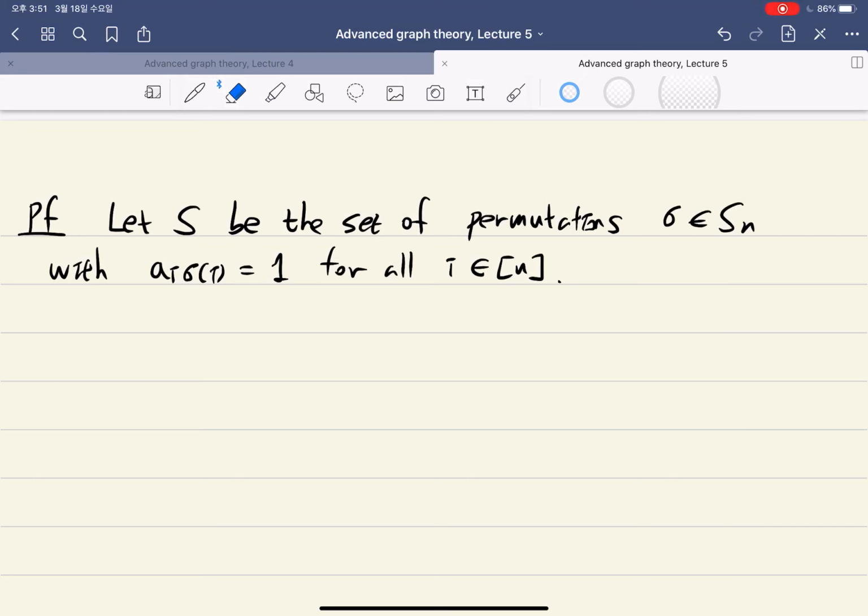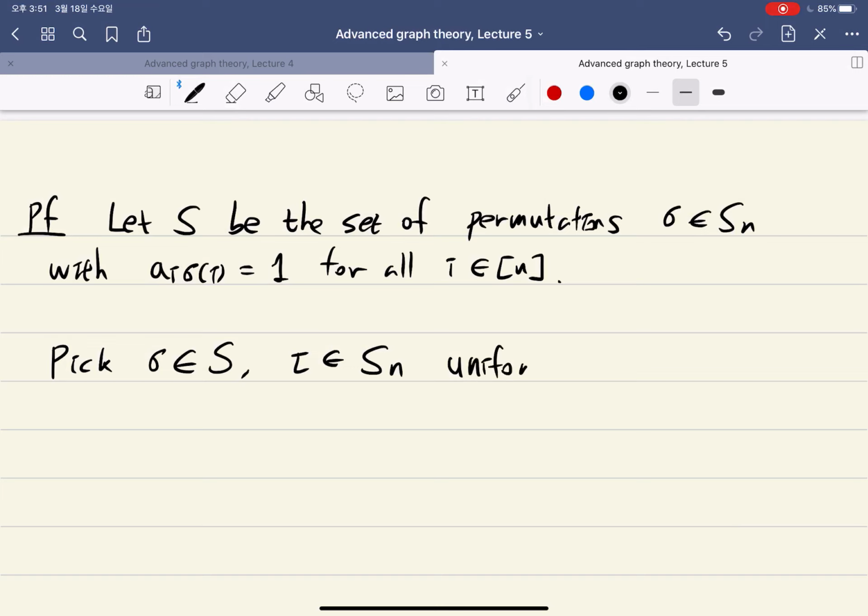And what we will do is some random procedure. We pick one random permutation sigma in S and tau in S_n. So tau is a random permutation and sigma is a random matching, if you want to consider it that way. And both are chosen uniformly, independently, and at random.